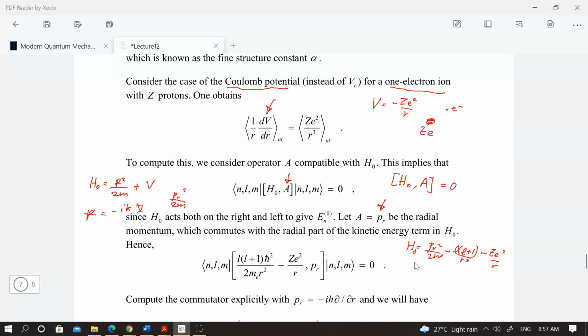So in the end, your P_r of course will commute with the first term. The only thing is, it doesn't quite commute with these two terms. But you know that these two terms are spherically symmetric.